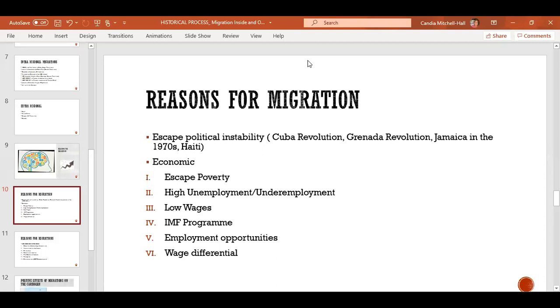In Cayman, although Cayman is very wealthy, a friend of mine there had a law degree, a qualified attorney, and she's Caymanian, Black Caymanian, and could not get a job as an attorney in Cayman.